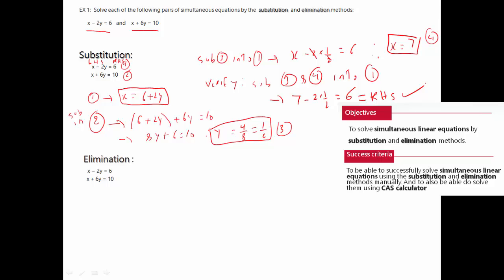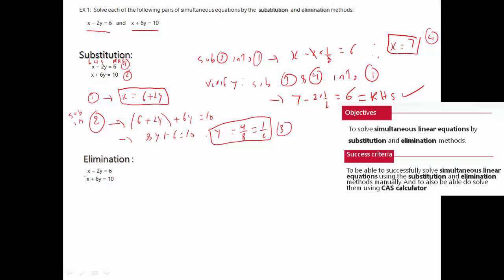For elimination now, it is the same process. So you've got the equations in this format, and elimination just means trying to get rid of one of the variables, and that would be by looking at the multiplier and then trying to get the same multiplier to appear in both places.